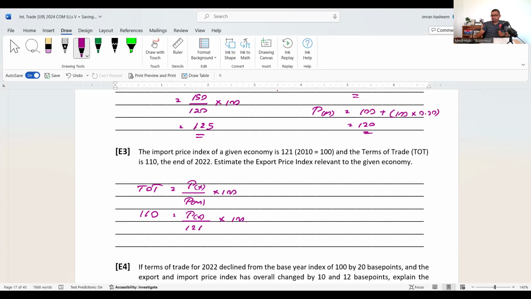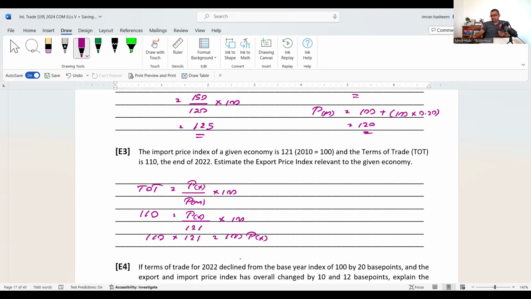If I cross multiply, 110 into 121 equals 100 PX. How much do I get here?